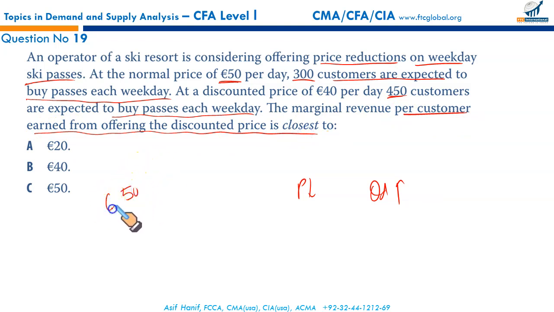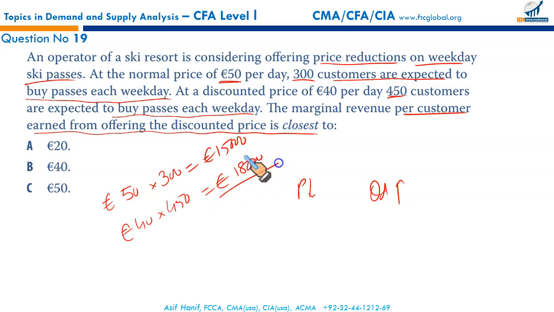When the price is 50 euros, we are expecting 300 unit sales, so that gives you a total revenue of 15,000 euros. The price is decreased to 40 euros, we are expecting more units sold, 450, multiplying 450 by 40, so it's going to be 18,000 euros. So what's the difference in revenue? That's 3,000 euros.